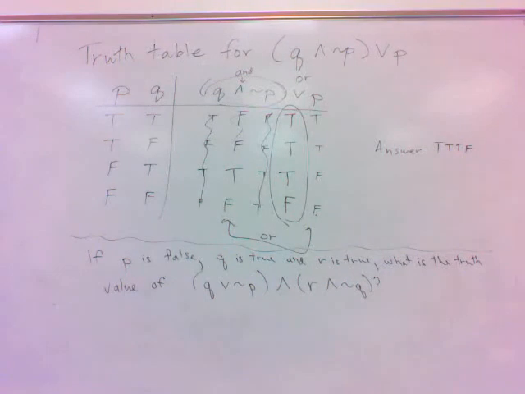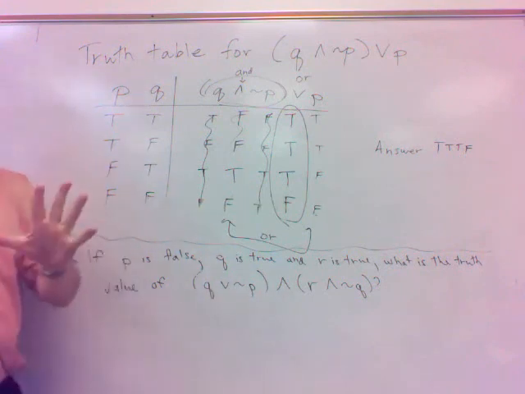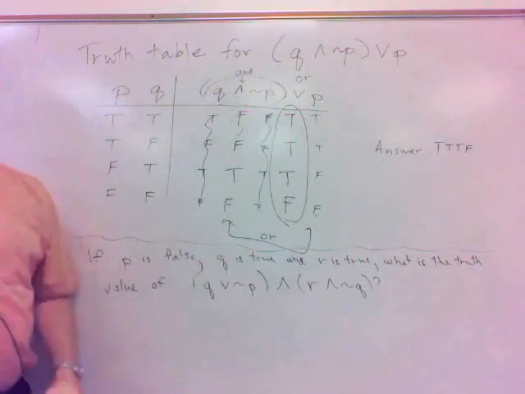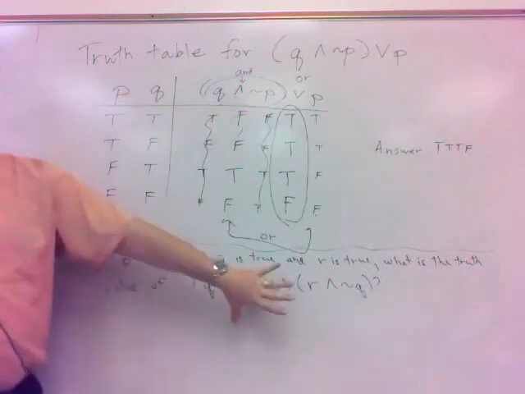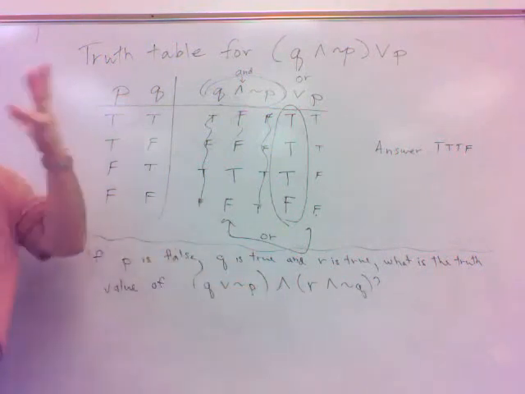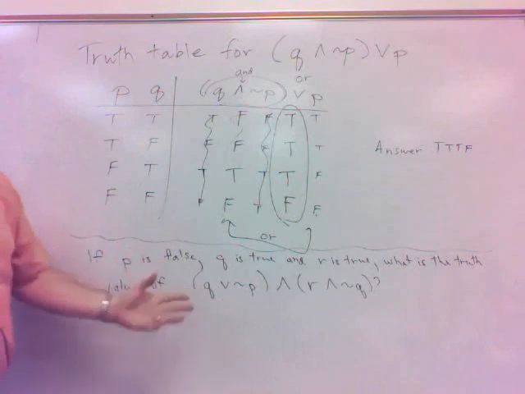All right. That looks like a huge problem, doesn't it? Well, first point is you don't have to go through the whole truth table. This is just saying for this scenario here, for these truth values, what does this one come out to be? In other words, I'm just going to plug in what each one is.